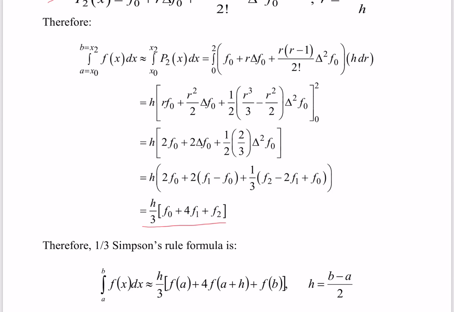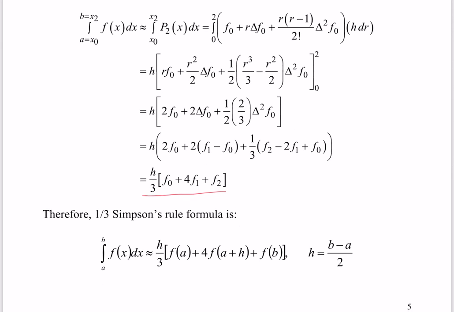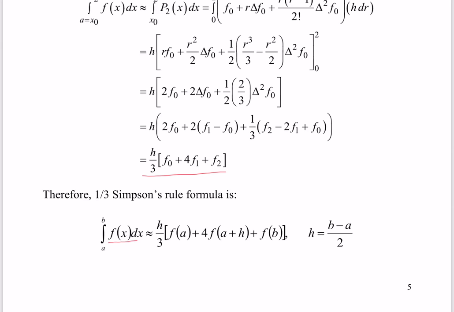Therefore, in the 1/3 Simpson rule, to integrate f(x) with respect to x from a to b, we can use this formula, which comes from the Newton forward difference polynomial of degree 2. And then we just apply it.